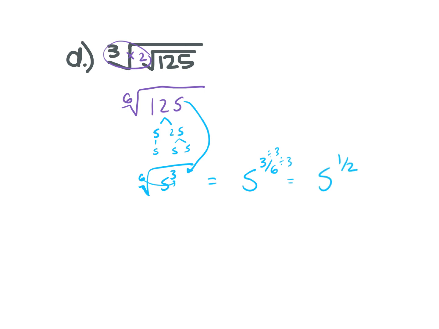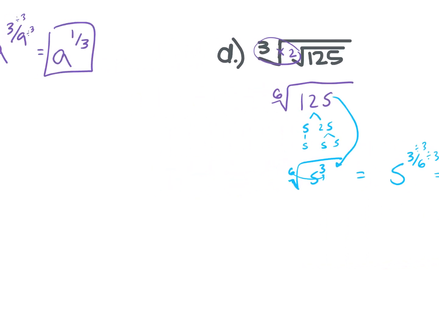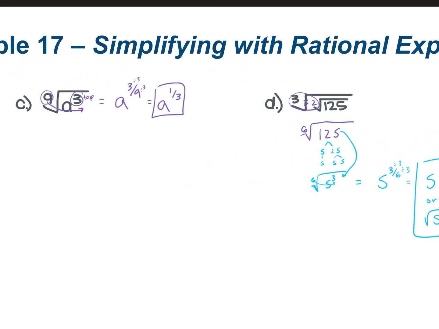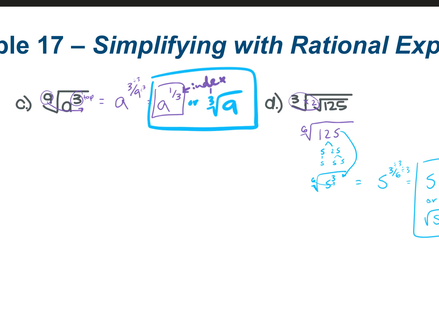So we can write it like this, or you could write it as the square root of 5. Either way, these are the same thing. Same with C. You can write it as a to the power of 1/3, or you could write it as the cube root of a. These are the same thing, because the denominator is the index. That goes out front.